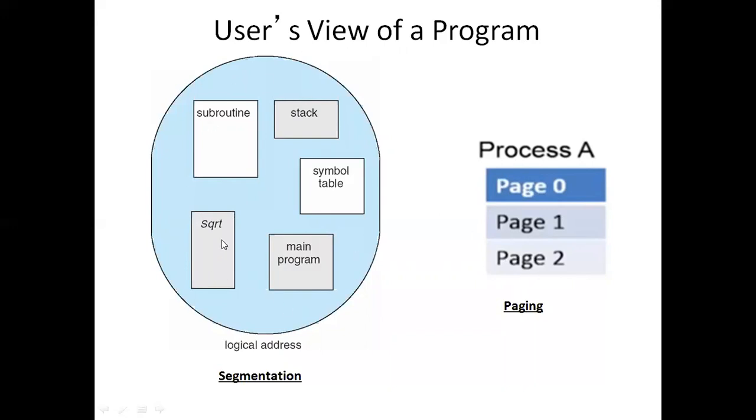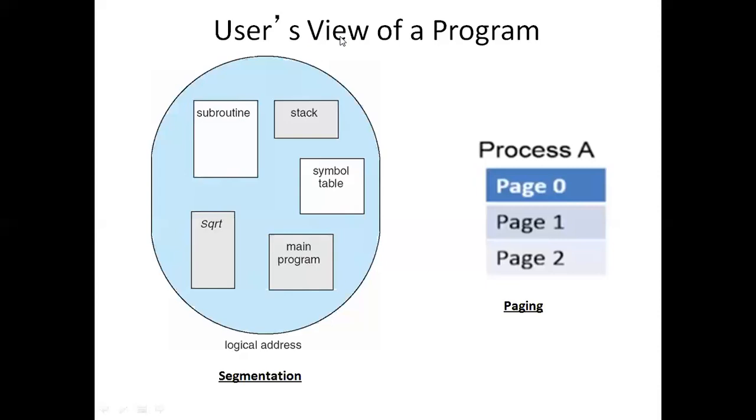What are the segments? Subroutine, square root function, main program, symbol table, and stack. So according to the viewer, if he is applying the paging concept, it looks something like this. If I apply segmentation, it would look something like this. This is more understandable and more performance oriented, because the entire logical unit is separated into its own segment.